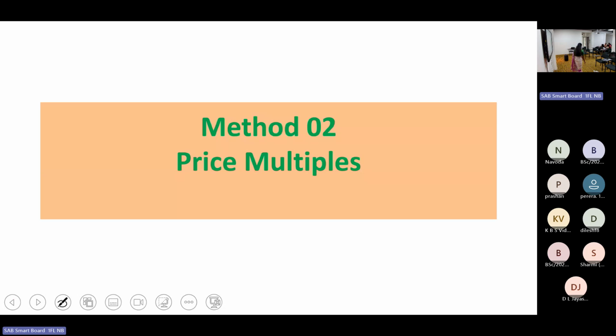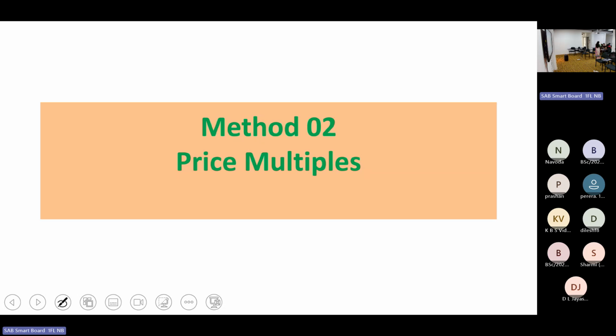Now the second valuation method for the ordinary shares. What is method 2? Make the heading: Method 2, price multiples. Method 2, calculation of the ordinary share price according to the price multiples.